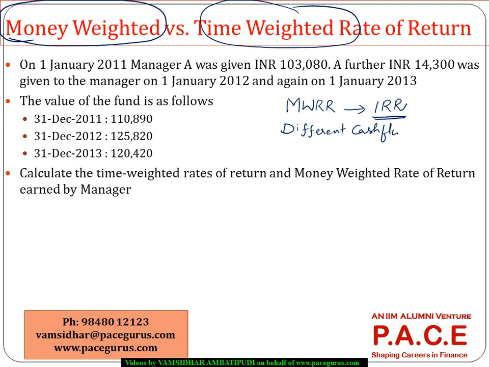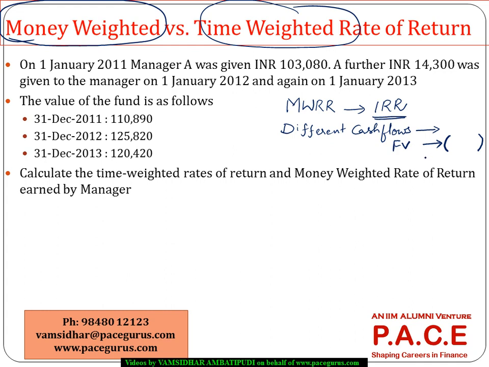I take the different cash flows that are injected into the project at different points in time, and for all these cash flows I find the future values or present values, either of them. I take the future values of all these cash flows and equate them to the final position of the project.